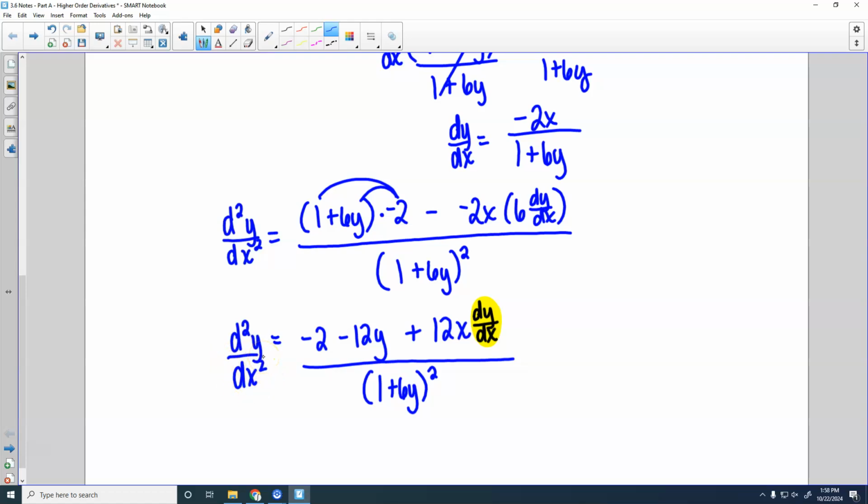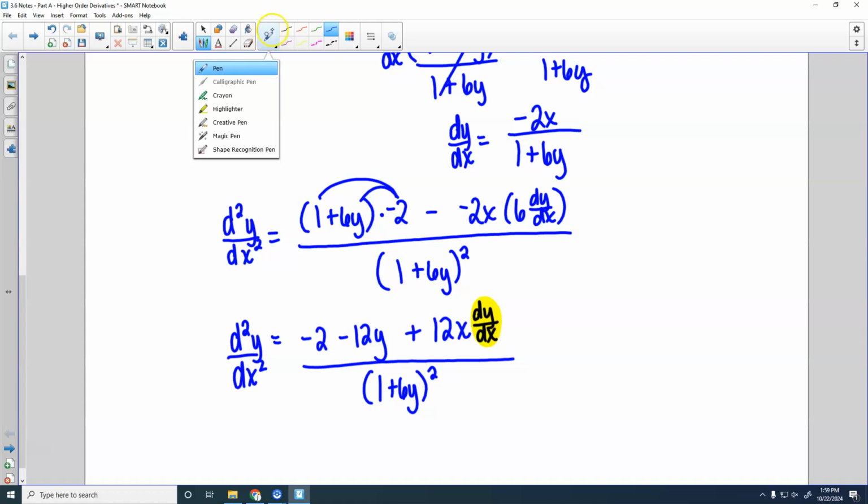So it's already solved by itself. If we solve for dy/dx, then we would not have d squared y over dx squared. Multiply it by dy/dx over dy/dx? That won't help us on this one.